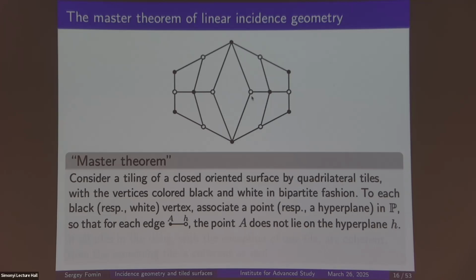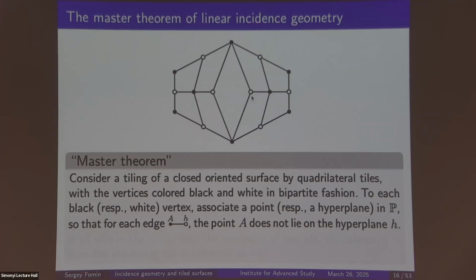So there are two realms, right? It's like in a Fourier transform. There is the topological realm in which I have this surface which is tiled, and then separately, somewhere in a different universe, there is this projective space where the actual incidence geometry is taking place.